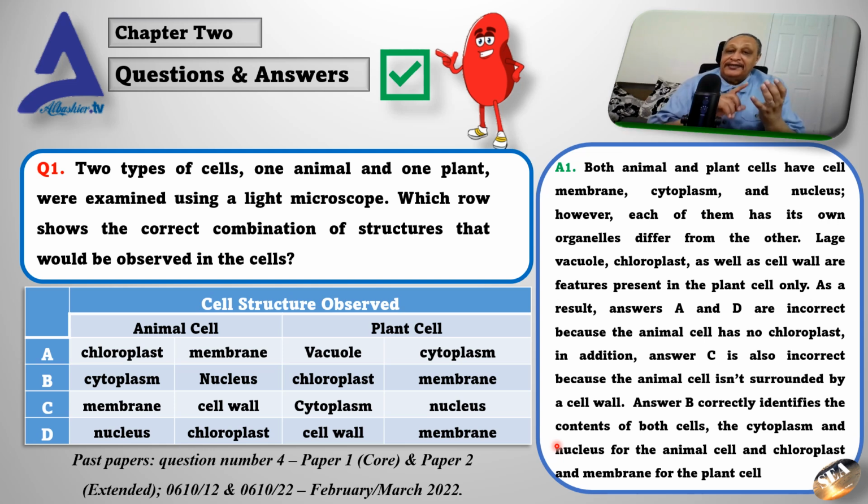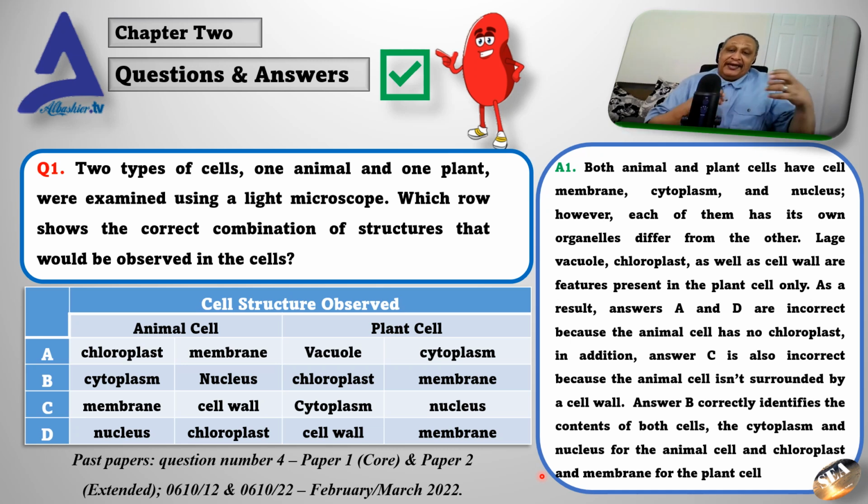As a result, answers A and C and D are incorrect because the animal cell has no chloroplast or cell wall. Answer B correctly identifies the contents of both cells: the cytoplasm and nucleus for the animal cell, and the chloroplast and membrane of the plant cell. So how did I solve this question?